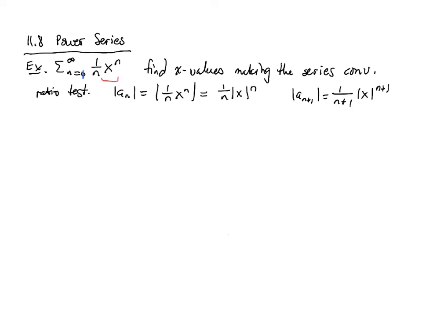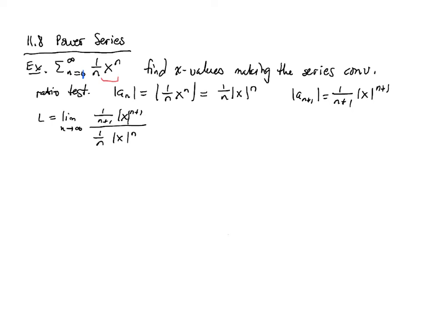And so the L that we would use in the ratio test is the limit as n goes to infinity of this divided by this, and a little bit of cancellation here.